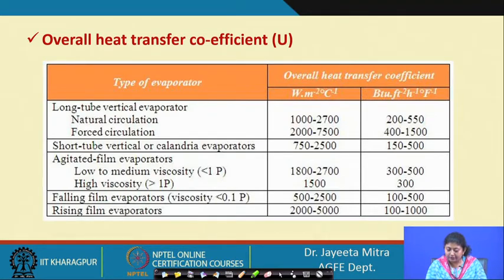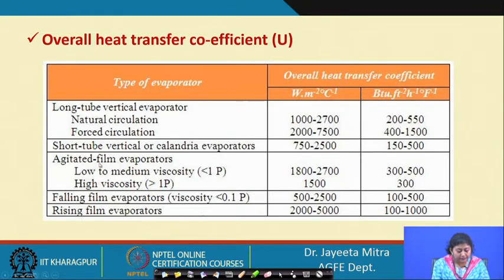In that case the overall heat transfer coefficient is 1000 to 2700 watt per meter square degree Celsius. And for forced circulation, long tube vertical evaporators, the overall heat transfer coefficient will vary from 2000 to 7500 watt per meter square degree Celsius.